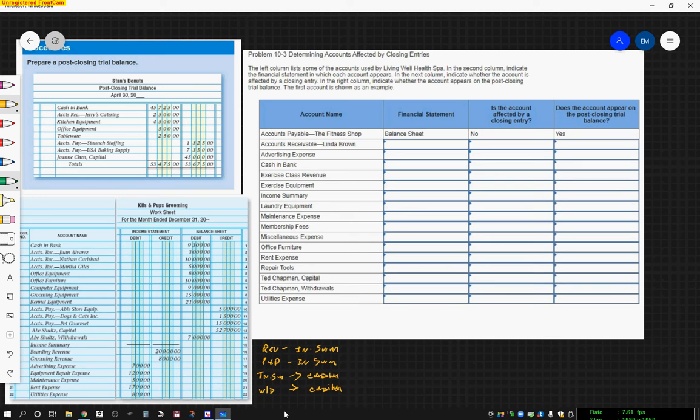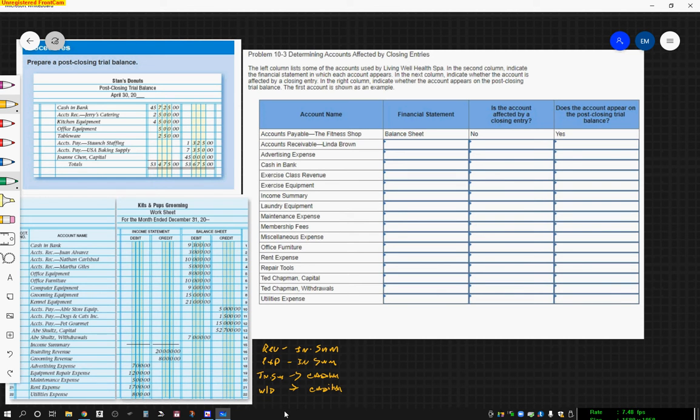So very quickly, it's asking us to identify what financial statements are affected by closing these accounts, what reports they appear on, whether it's affected by a closing entry, or whether it's on the post-closing trial balance. Now, I went to the textbook and pulled out an example of a post-closing trial balance, and from what I can see, there are only permanent accounts on there.